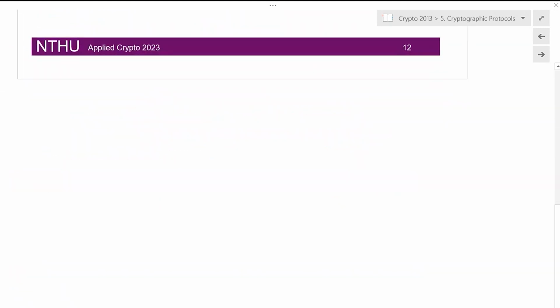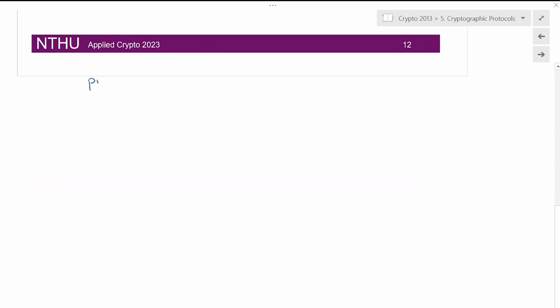So if I want to visualize this one, normally we have this prover that we call P or Peggy, and then we have this verifier that we always talk about, V or Vic.